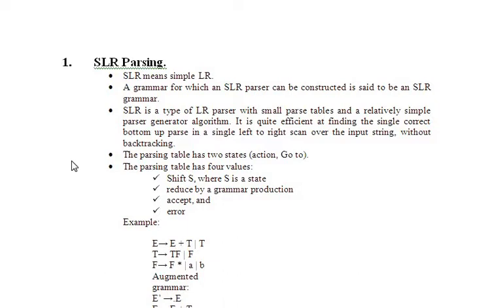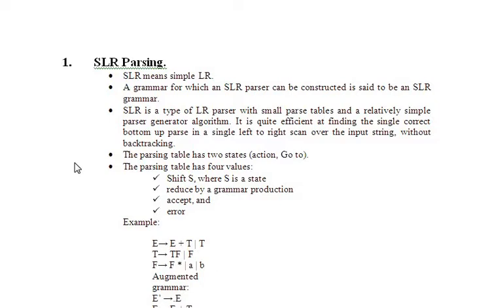It is quite efficient at finding the single correct bottom-up parse in a single left to right scan over the input string without backtracking. So the parsing table has two parts, action and goto. The parsing table has four values: shift, indicated by S, reduce, indicated by R, accept and error.